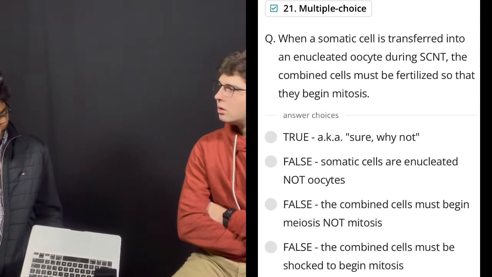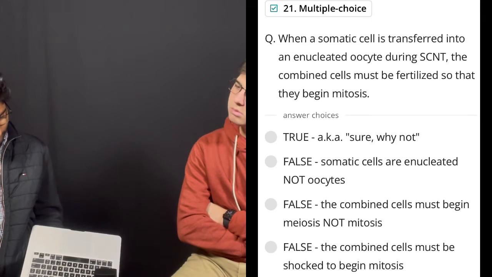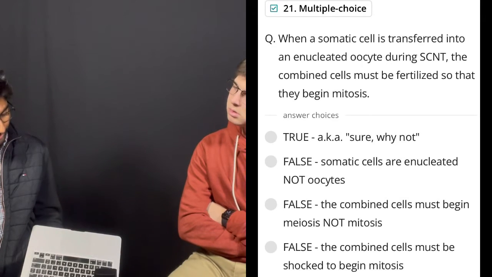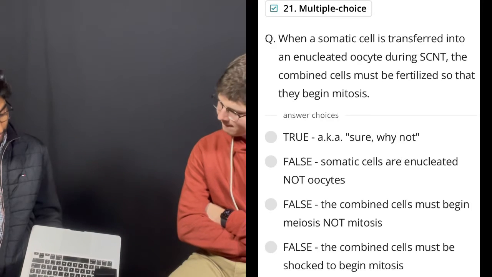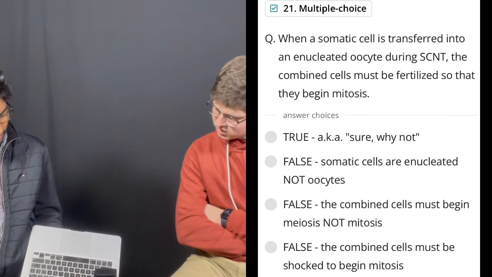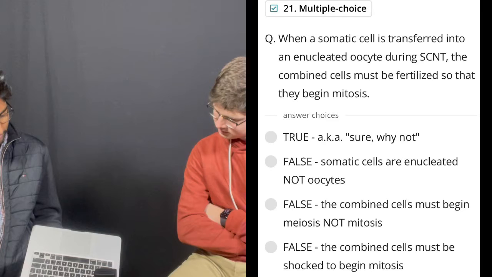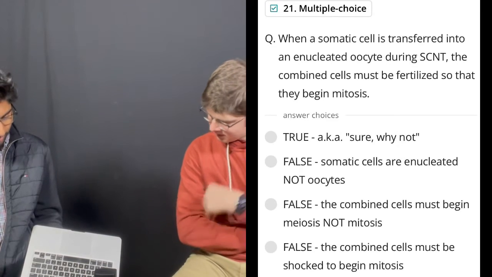Well. So when a somatic cell is transferred into an enucleated oocyte, the combined cells must be fertilized. I don't know. Well, the question says that they begin mitosis.